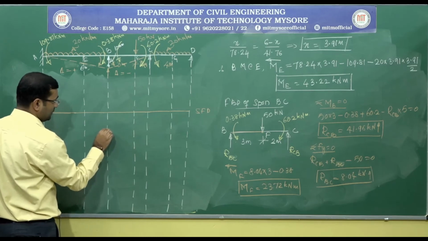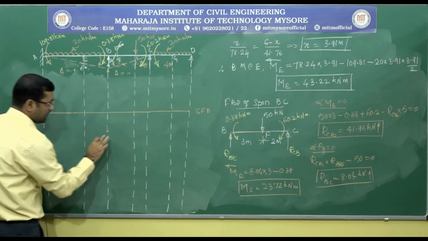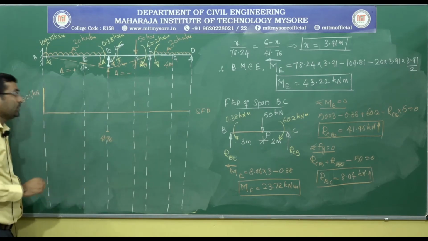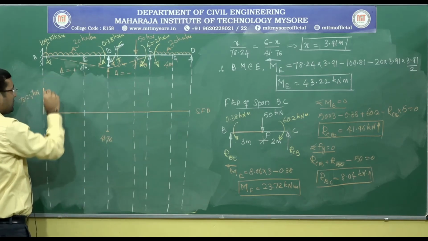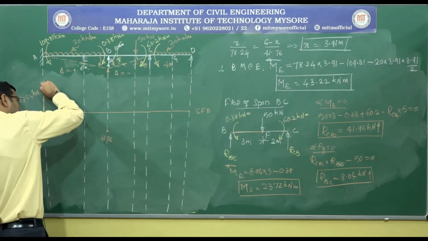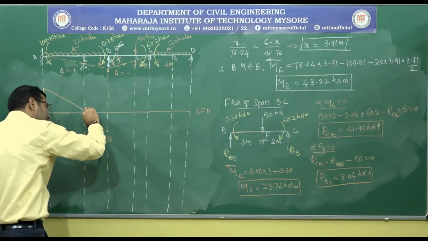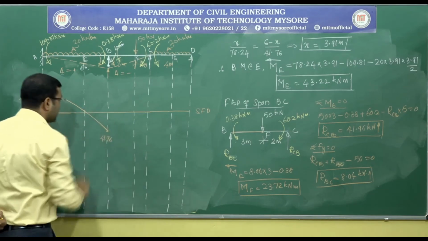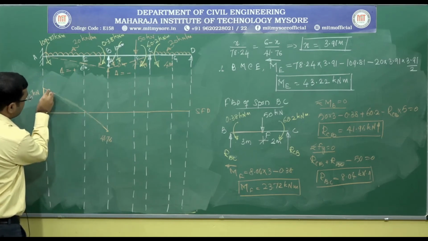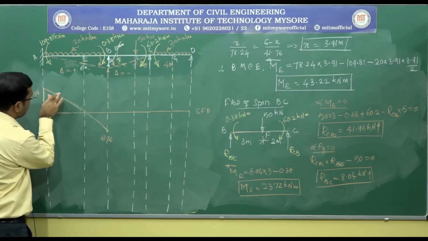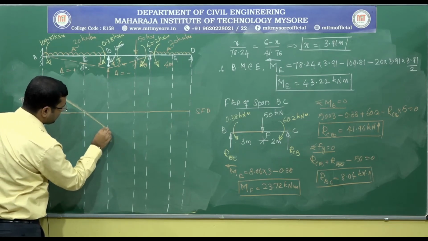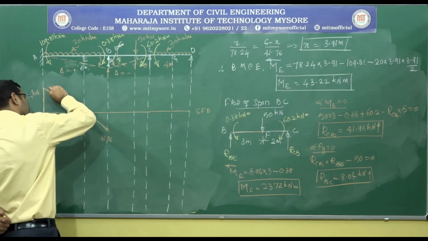Minus 41.76 means I have to mark it on the negative side. Because of the UDL, the variation is linear, so here I have to draw a line linearly, looking like parabolic.